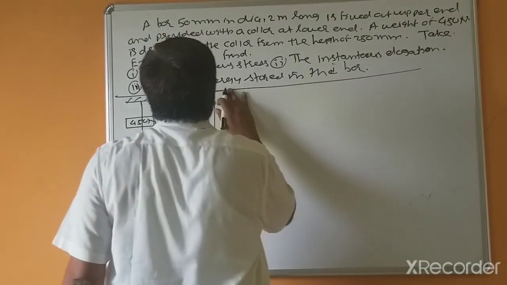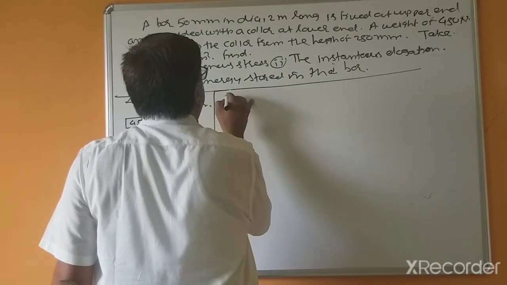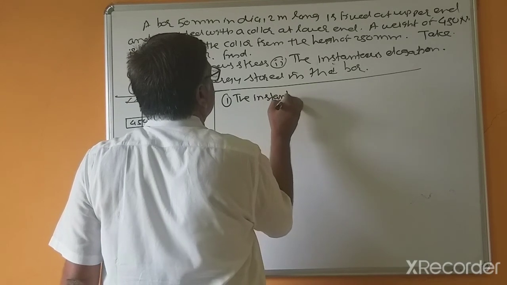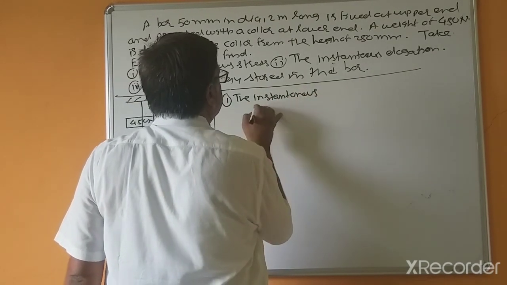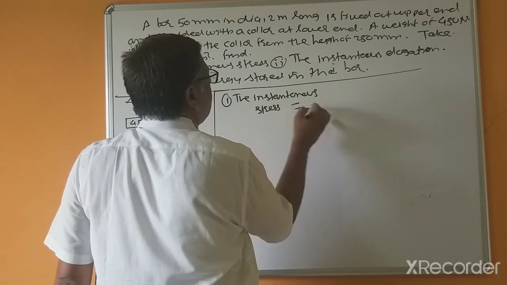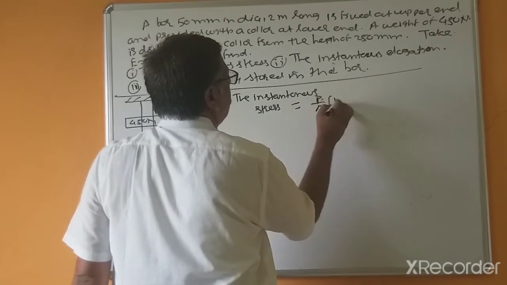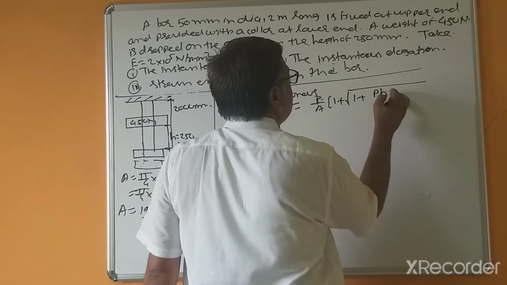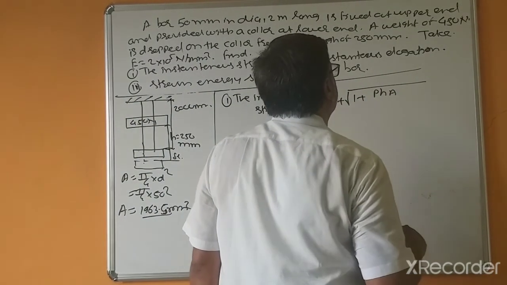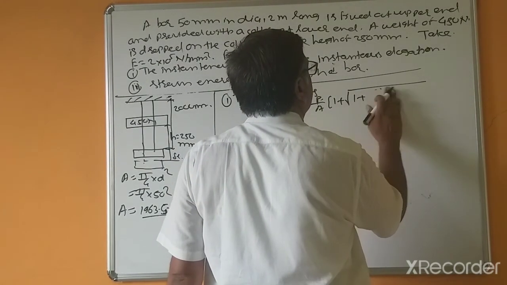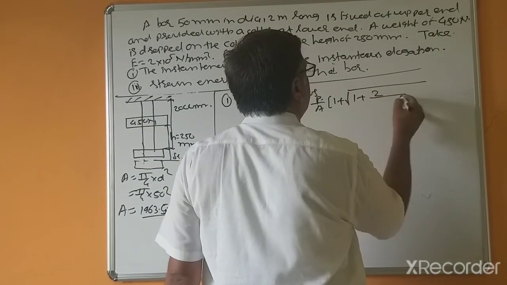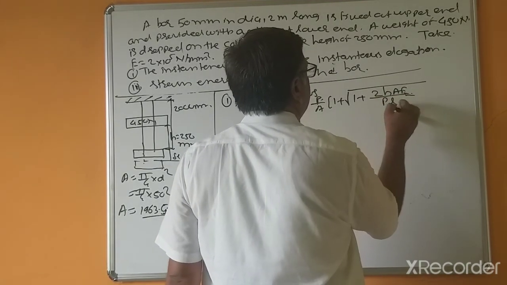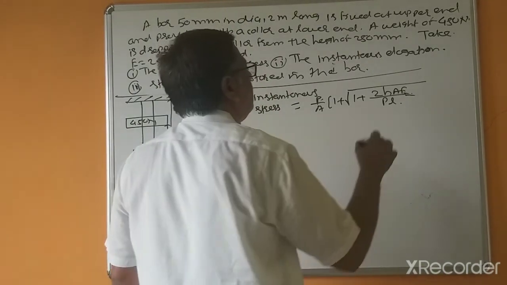Now first bit, the instantaneous stress equal to, what is the formula? P by A times 1 plus under root 1 plus 2 H A E divided by P L. I think this is correct.